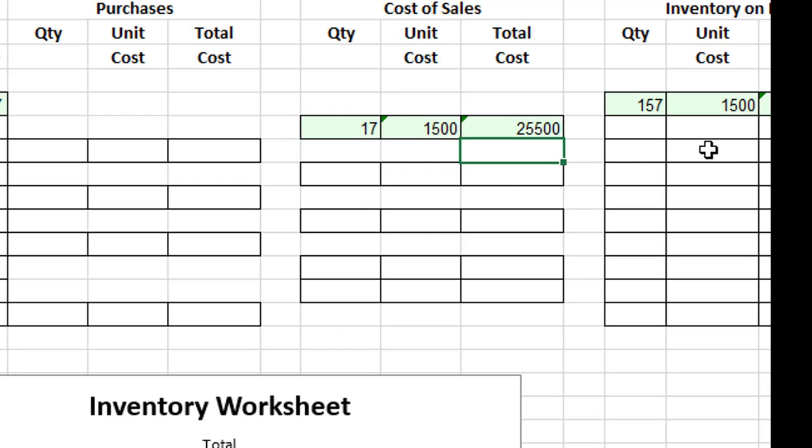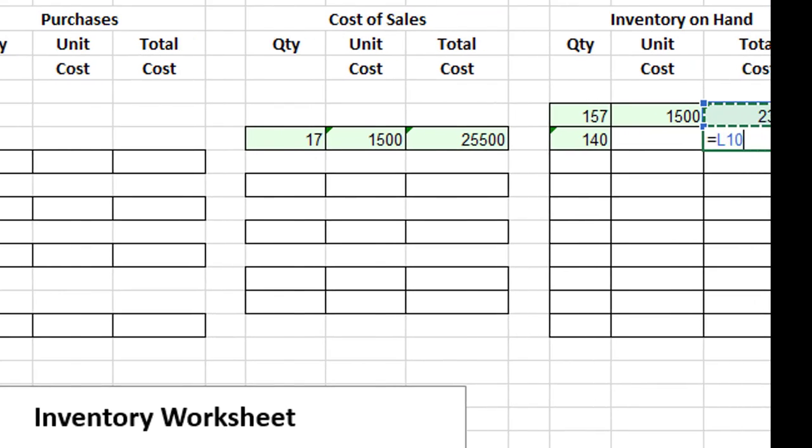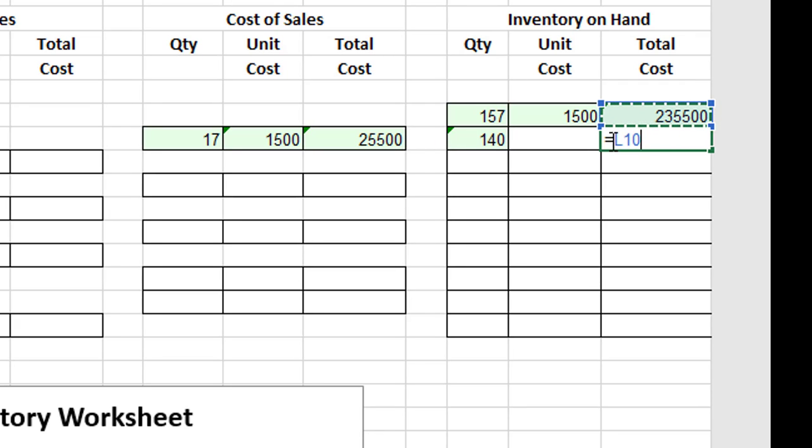Now we need to complete our final inventory on hand. We had 157 items, opening balance. We sold 17, which will leave us with 140. Our cost at the start was 235,500. That's just hiding, so I'll move this across.